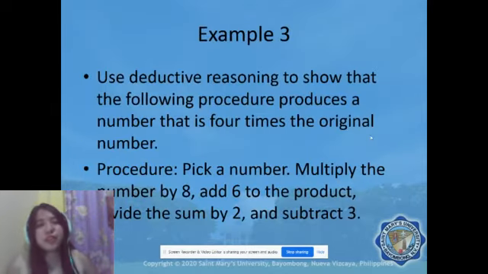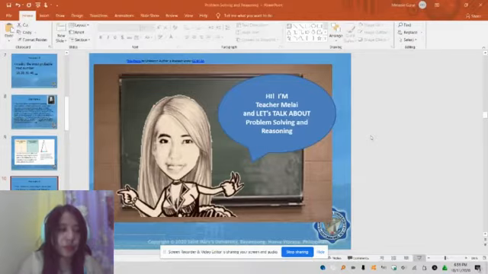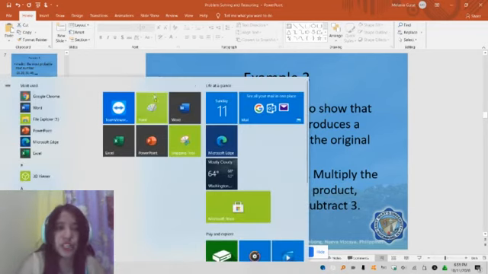Okay, let us consider example number 3. For this example, we are asked to use deductive reasoning to show that the following procedure produces a number that is 4 times the original number. To do that, we have to open our board, which is the paint.